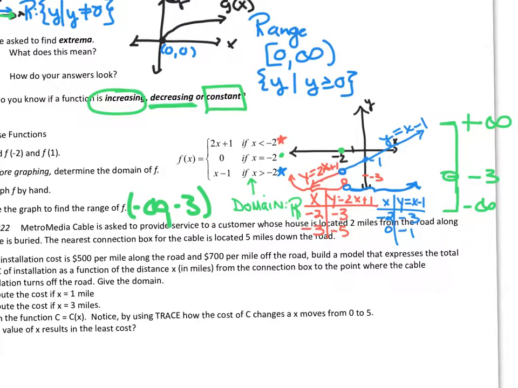I'm going to run out of room anyway. Union negative 3 to infinity. Round parentheses on the negative 3's because they don't include that value. Parentheses on the infinities because we can never be infinity. And so that is the new information for the piecewise function.